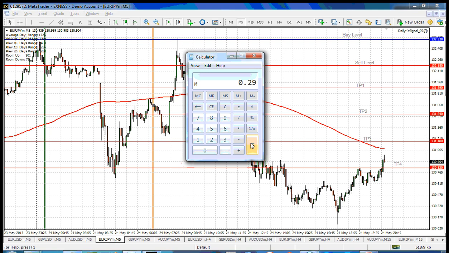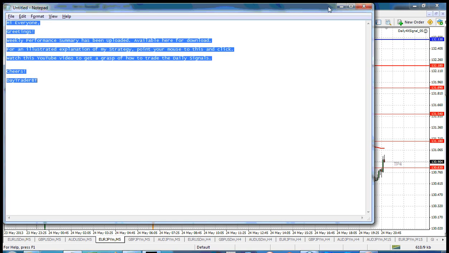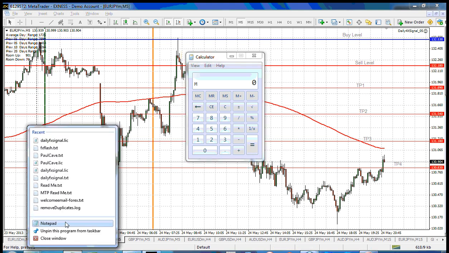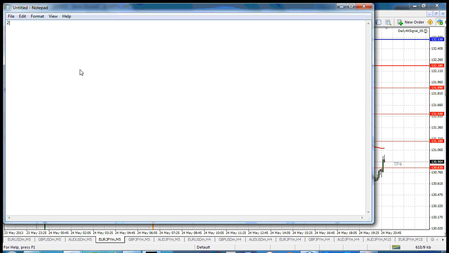That's 29 pips actually. So just remember that, or just write it down on a notepad. So TP1 is equal to 29, TP2 is equal to 29, TP3 is equal to 29, and TP4 is equal to 29.